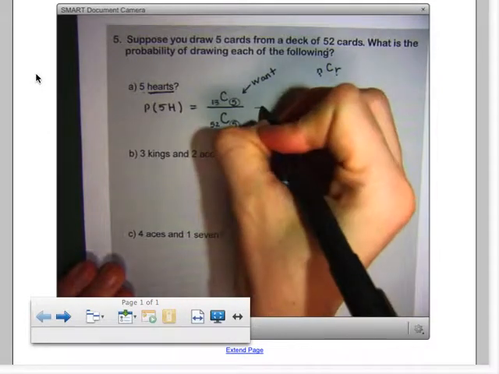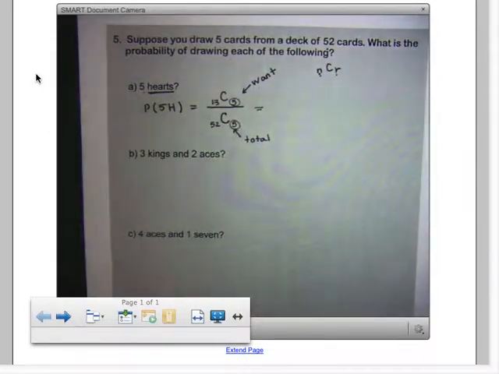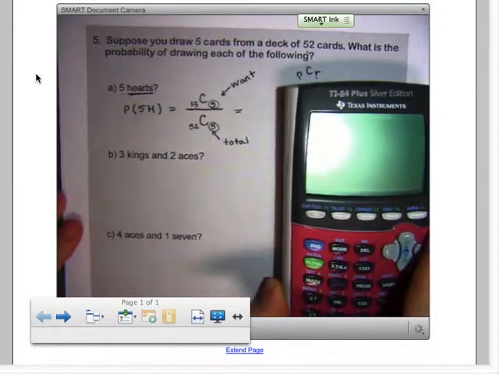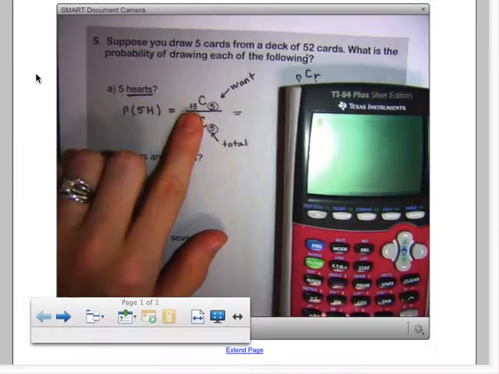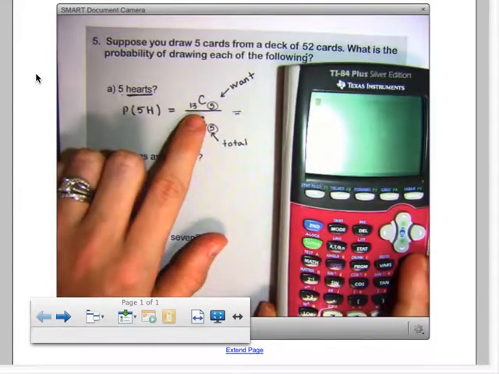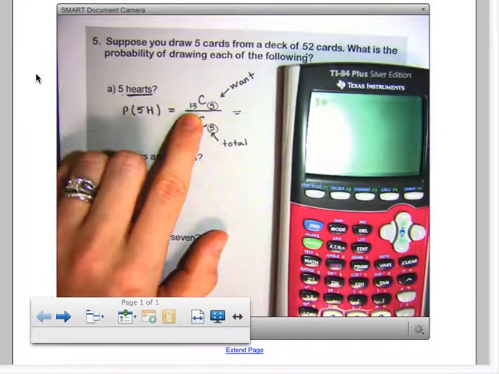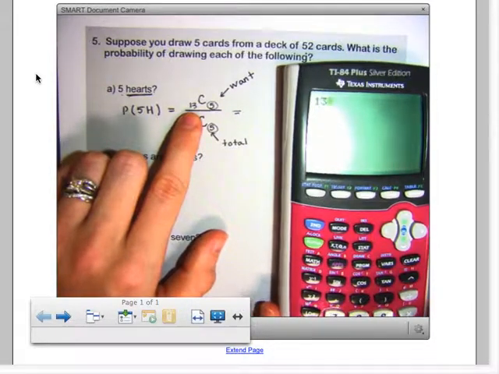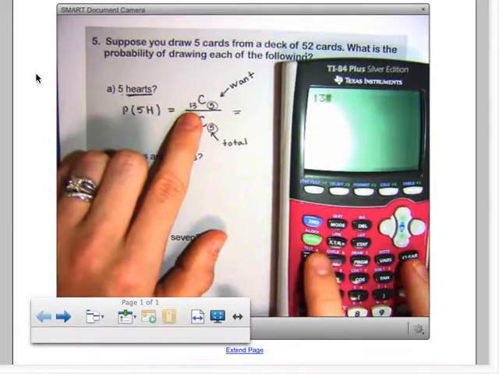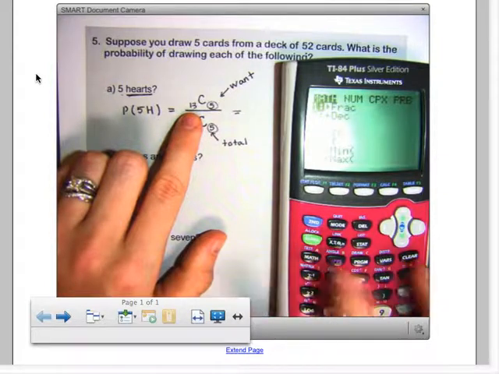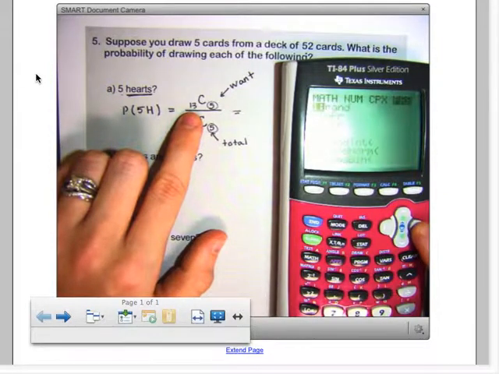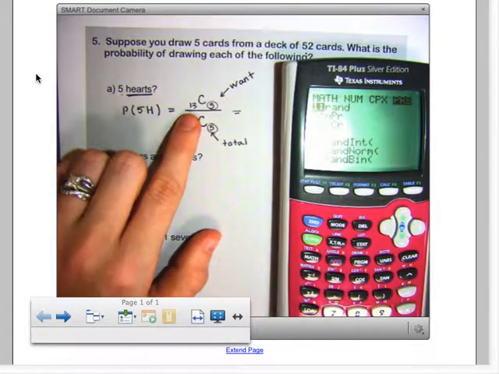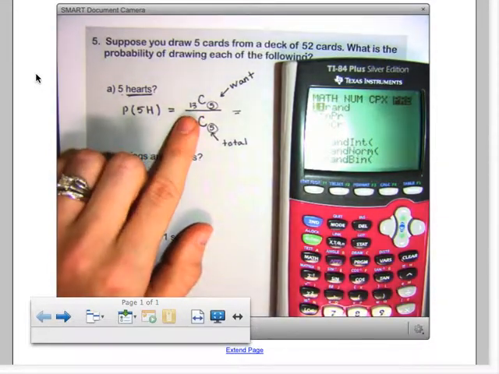Now when we calculate it on our calculator, let's calculate the numerator first. I'm going to plug in n first, so my n is 13. Do not hit enter yet. I'm going to go to math, scroll over to probability. You have to go 4 to the right, or 3 over. Then we're going to select option 2 or 3.